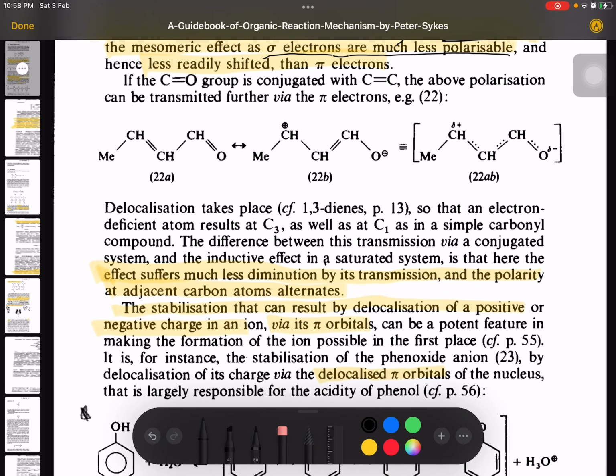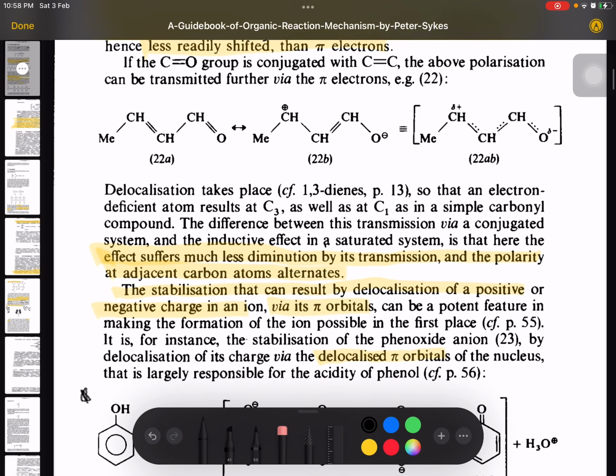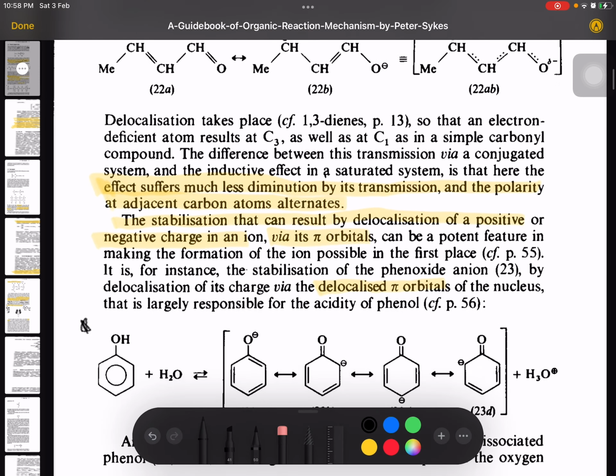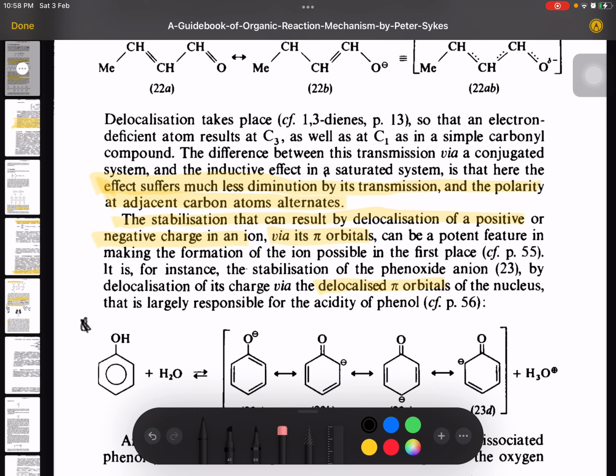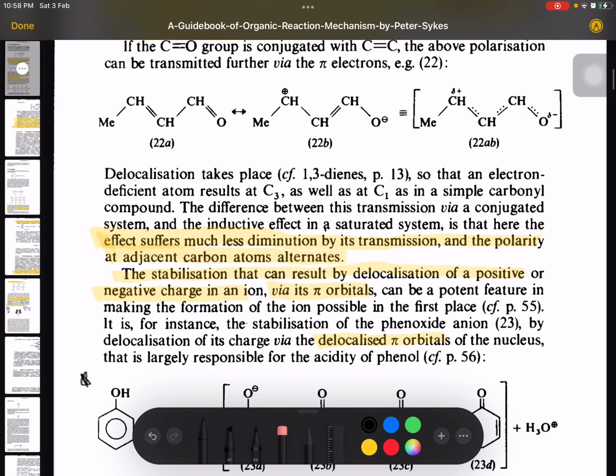If the carbonyl group is conjugated with a C=C double bond, the above polarization can be transmitted further via the pi electrons. Delocalization takes place so that an electron deficient atom results at C3 as well as C1. You can just see over here.